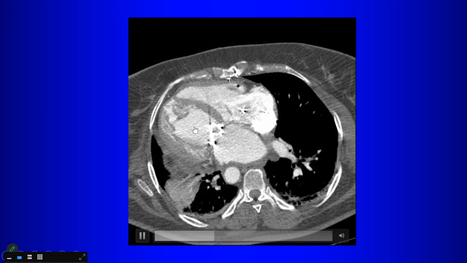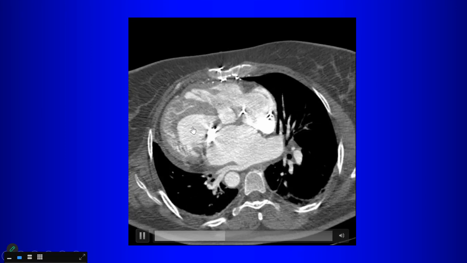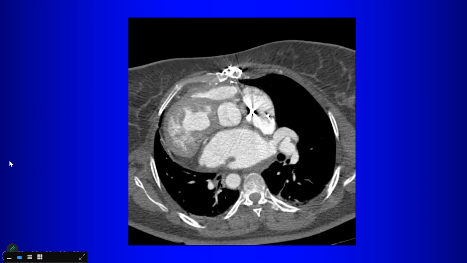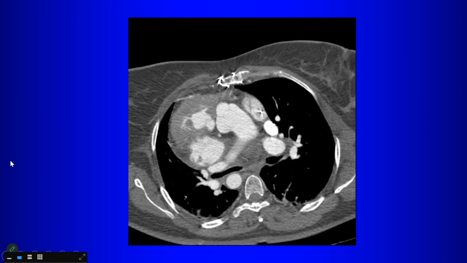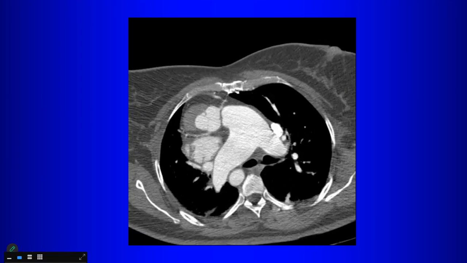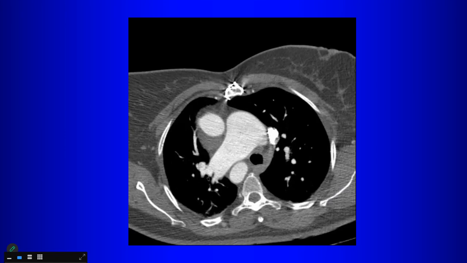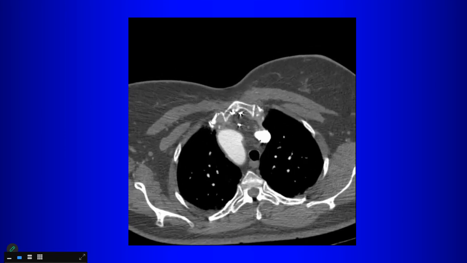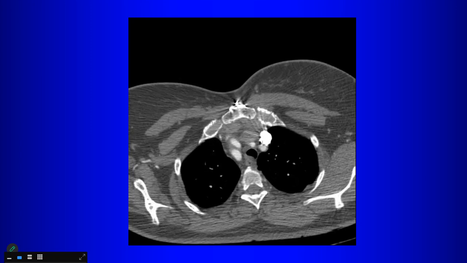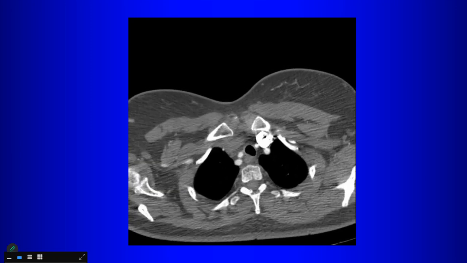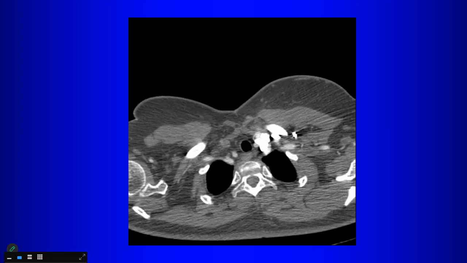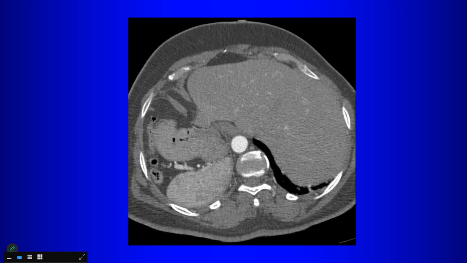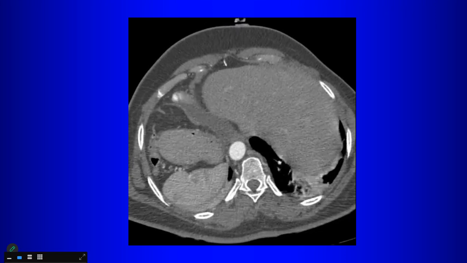What kind of ventricle is this? What's the morphology of this ventricle? Is there separation of inflow from outflow for that ventricle? Does that ventricle have an infundibulum? Let's see.